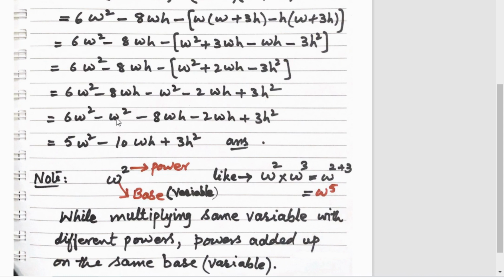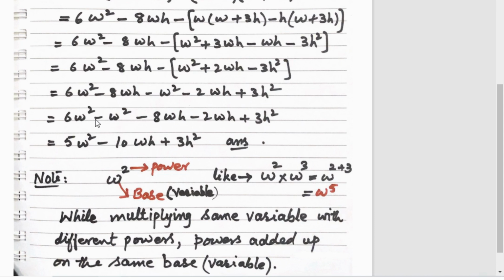These will give us like terms. Minus 8WH minus 2WH look the same, so we will write them together. Variables are same, so write them together. These are same terms. 3H square is an alone term, will be written separately at the end.